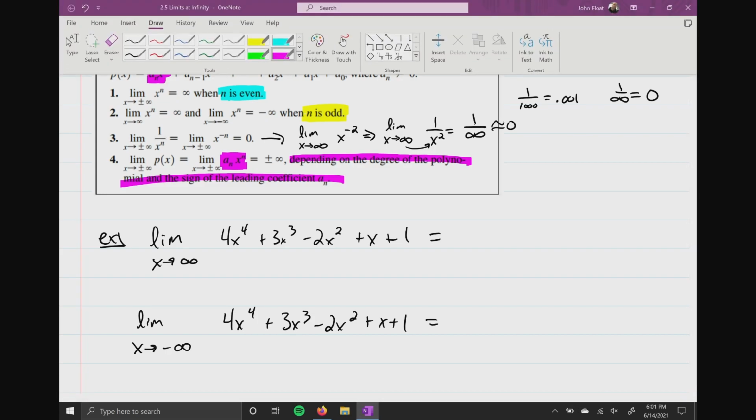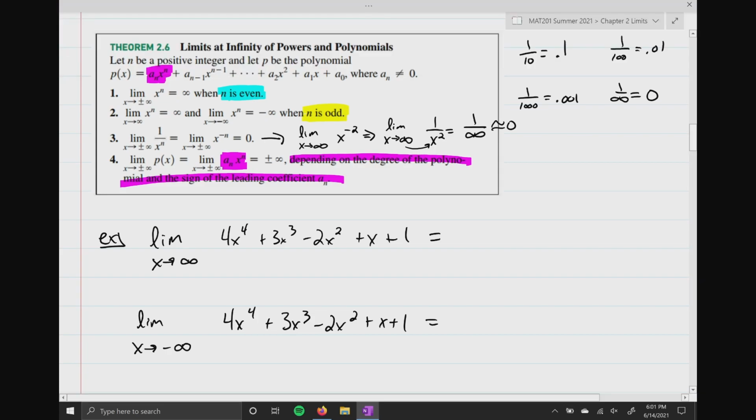So let's look at some examples we have here. For the first example, there's my leading coefficient. Since the degree is even and 4 is positive, I'm going to go to positive infinity. For the second example here, here's my leading coefficient.